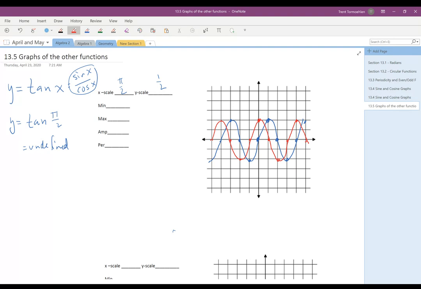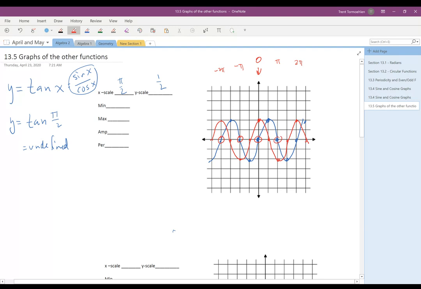So when we're talking about tangent, let's start thinking about it at different points. And so there are some significant points that I want to show you. The most significant points are at the vertical lines here, which are 0, pi over 2, pi, 3 pi over 2, 2 pi, and so on and so forth. Since it's sine over cosine, at 0, pi, 2 pi, negative pi, negative 2 pi, all of those, sine is 0.